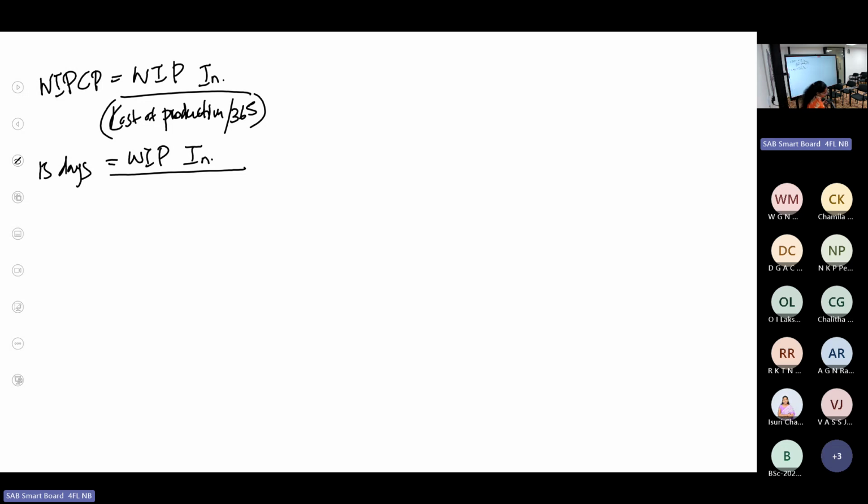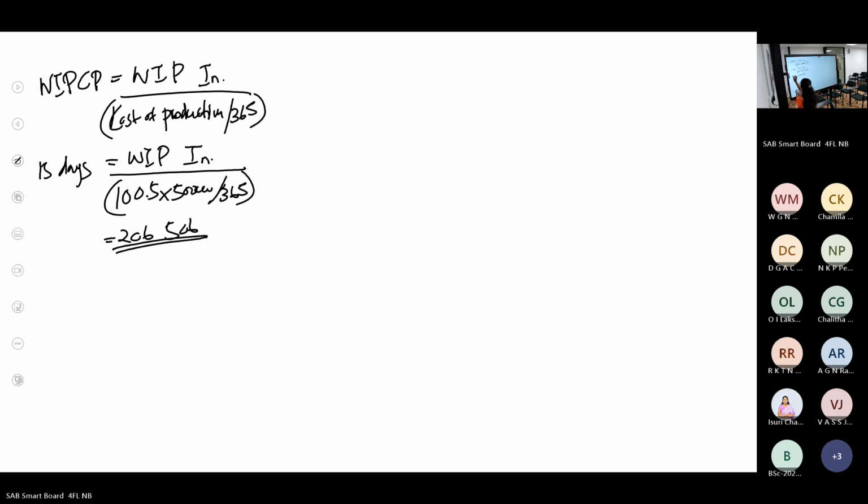Cost of production, how much is it? 100.5 for a unit, but we had to produce 50,000 units and then divide by 365. It is 6,506. Work in progress inventory.